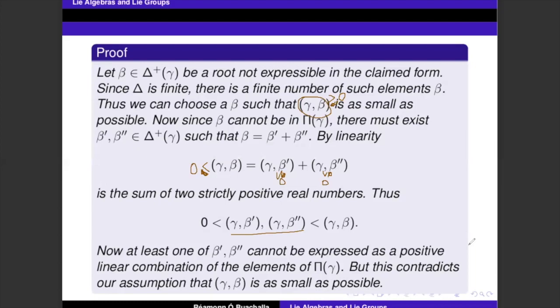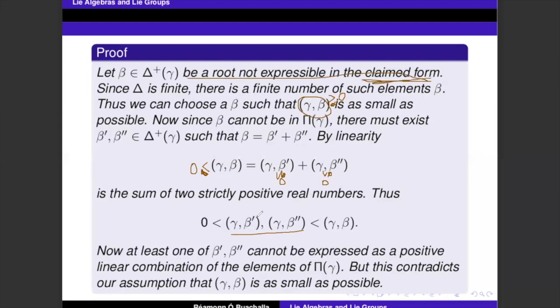But no, at least one of the beta prime and beta double prime cannot be expressed as a positive linear combination of the elements of gamma prime. Because if they were, then that would give us an expression of beta in terms of the basis, with positive integer coefficients, so that would violate the original assumption here.